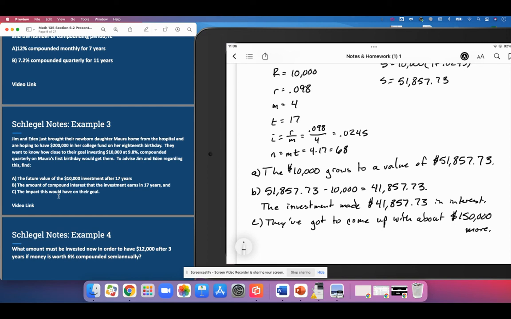But recognize that with a lump sum like this of $10,000, yes, it grew quite a bit, but it didn't get them to their goal. What they could do to help get closer to their goal is put small amounts of money away every month, for instance, because that will also grow at a pretty impressive rate.